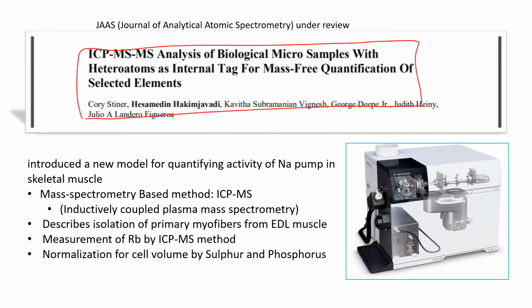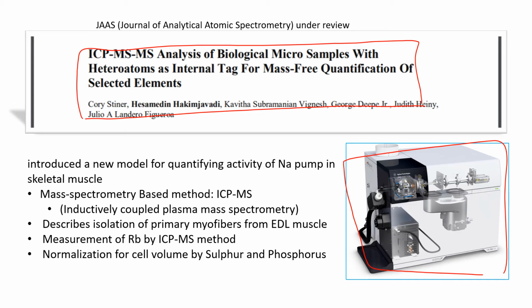And I introduced a new method for quantification of the activity of the pump in skeletal muscle. This is a mass spectrometry based method which uses an ICP-MS machine, inductively coupled plasma mass spectrometry.